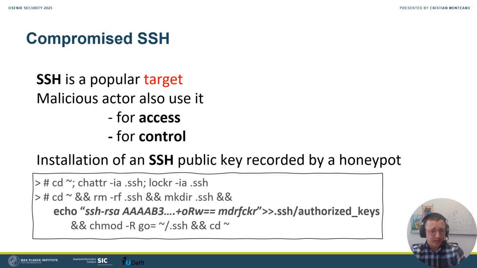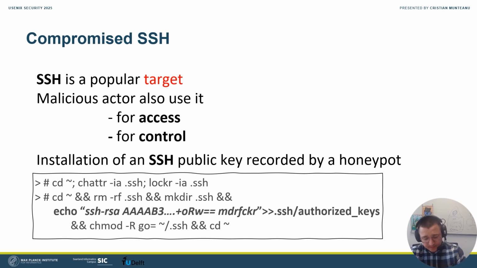All right, so how would they do that? Here we have a small example of an installation of a public key to gain persistence that we caught in one of the honeypots we are collaborating with. As you can see, the malicious actor, after gaining access through brute force, installs their own public key in the .ssh/authorized_keys file for persistence.